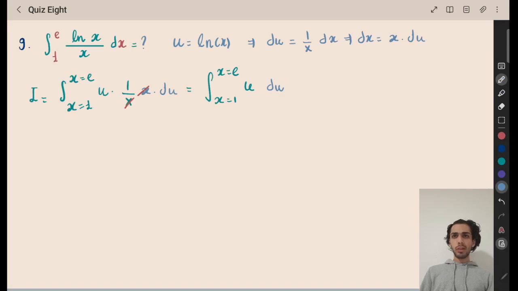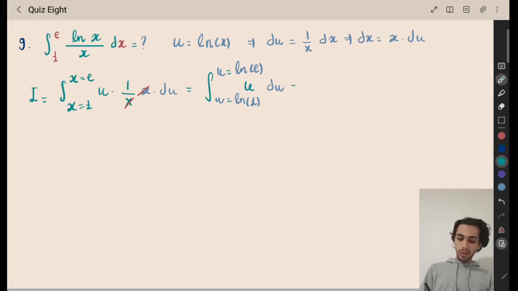So you can do one of two things. You can either integrate this, see what it gives you, then plug x back in, or you could just very simply make this into u, but then you would ask yourself, if x is equal to e, then what would u be equal to? It will be equal to ln of e. And if x is equal to 1, then u will be equal to ln of 1.